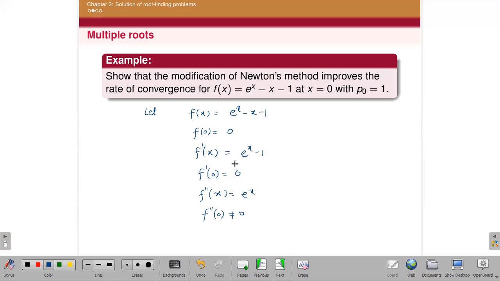Because we know that if the double derivative is non-zero, this implies f has a root 0 with multiplicity m is equal to 2. Okay. So you can find the multiplicity also if it is not given. So now you can apply the method.